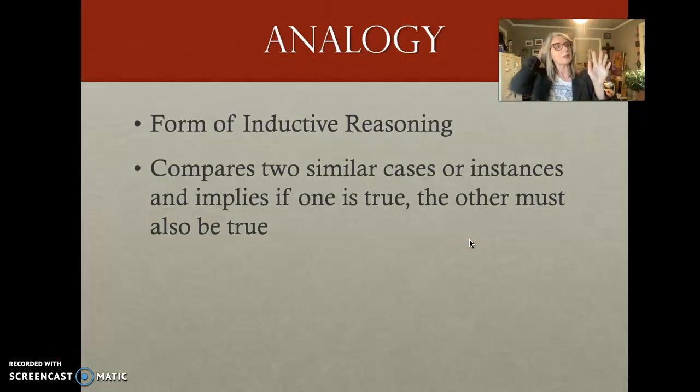So people will draw an analogy because one predator attacks and the other must attack when they're not. Or there might be similar cases of what looks like a wolf attack, so that means that something else looks the same, like if a calf got attacked, that it must be the same wolf pack. That's drawn an analogy. Doesn't mean it's true.